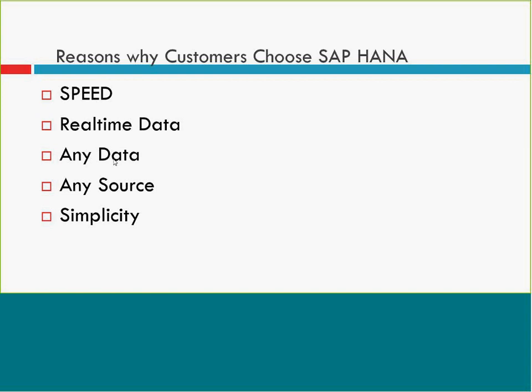And it is very simple to get data from any database. So simplicity means fewer layers, a similar landscape, and lower costs. Those are the reasons why customers choose SAP HANA.